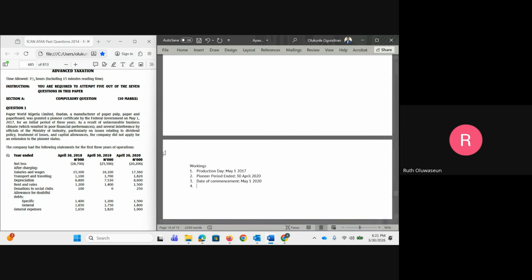Yes, sir. Good. So if that's correct, then we can move on to say that we now want to determine the basis period for assessable profit and capital allowance, right?